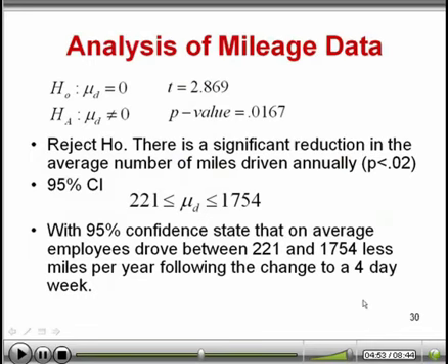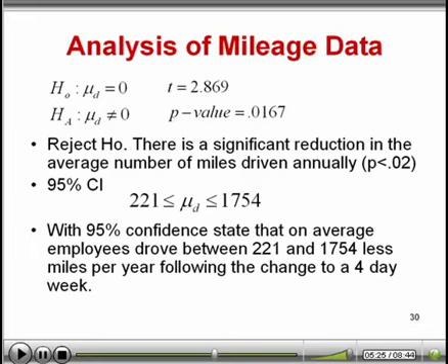This slide puts it all together. There is the statement of both the null and alternative hypothesis, the value of both the t-statistic and the p-value, a decision to reject the null hypothesis since the p-value was less than 0.05, and a clear statement of what this means, namely that on average employees drive fewer miles annually on the 4-day workweek schedule than the 5-day workweek schedule.